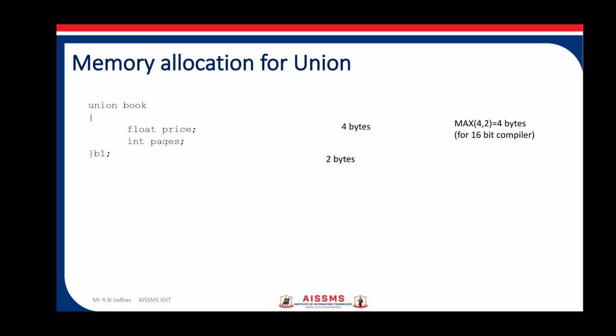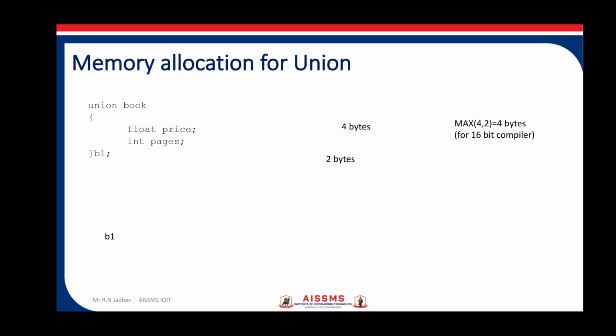So how will memory allocation be done for the union? Let us take the same example for book, which I have declared as a union. Now for book B1, I have two variables, that is price and pages. Now this price is of type float. Let us assume it takes 4 bytes and pages requires 2 bytes for a 16-bit compiler.